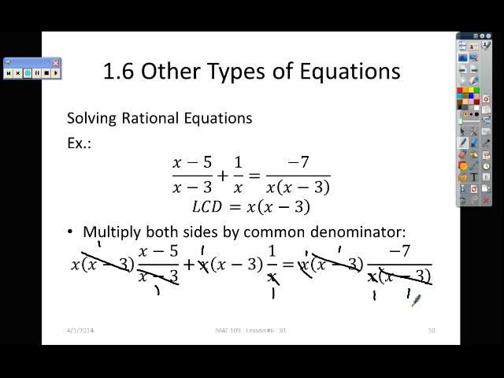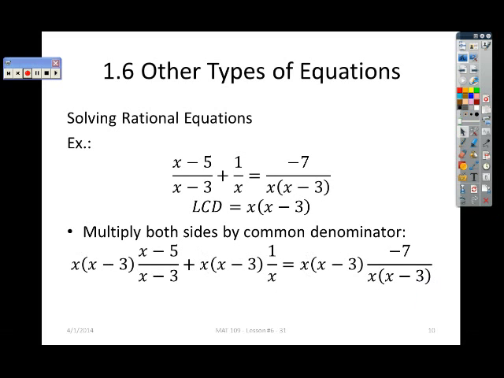So I multiply together what remains in my numerators, x times 1 times x minus 5. And I'm going to clean this up. So I have x times x minus 5. I have x minus 3 times 1.